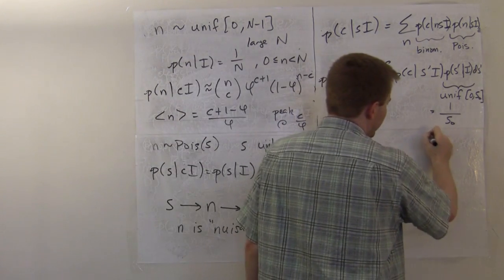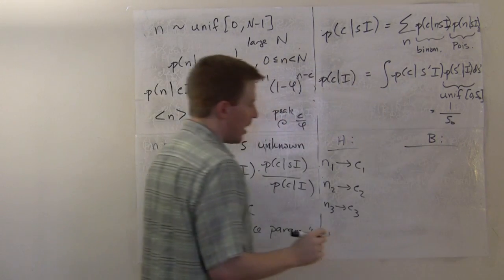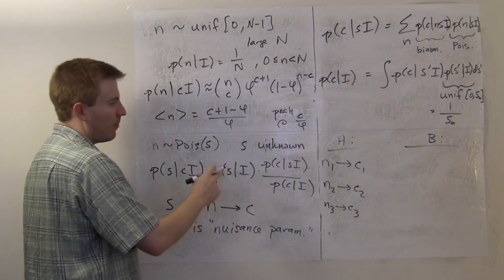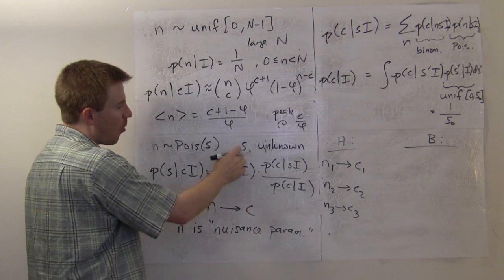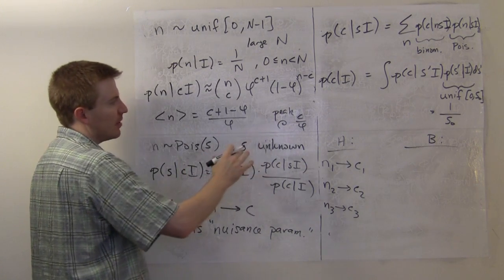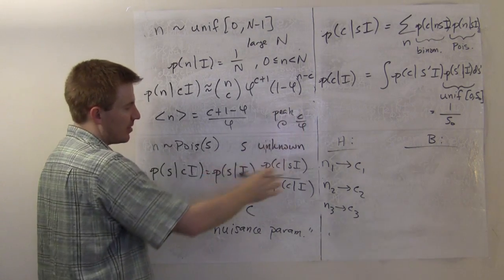Person B, let's say, knows that these counts are coming from a radioactive source with some fixed strength, but doesn't know what it is, but maybe has a probability assignment for it that is the uniform thing.